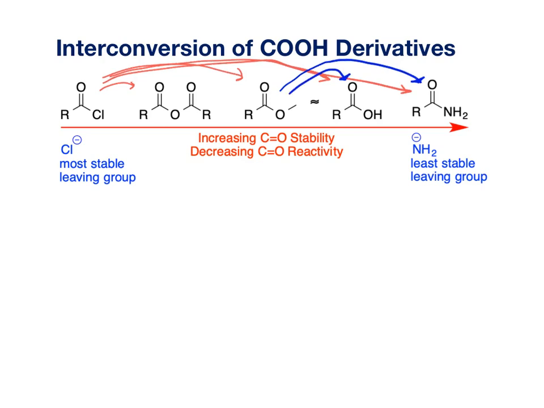You can also convert it to the carboxylic acid, but you can't go backwards with just a simple interconversion without finding a special reaction with a special driving force. Now, one thing that I will go ahead and mention, all carboxylic acid derivatives can be hydrolyzed to carboxylic acids.